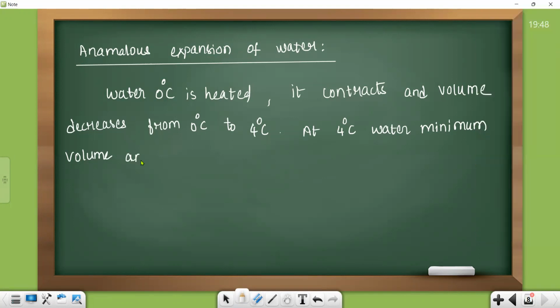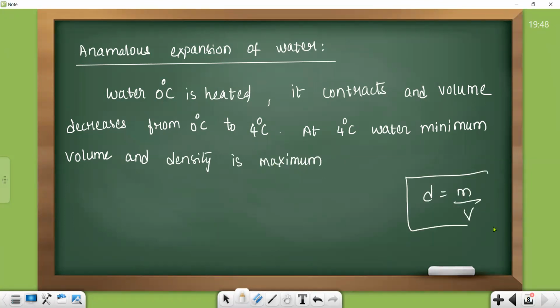How are volume and density related? Density is mass by volume, so they are inversely related. If density is more, volume is less. So at 4 degrees Celsius, water has minimum volume and maximum density.